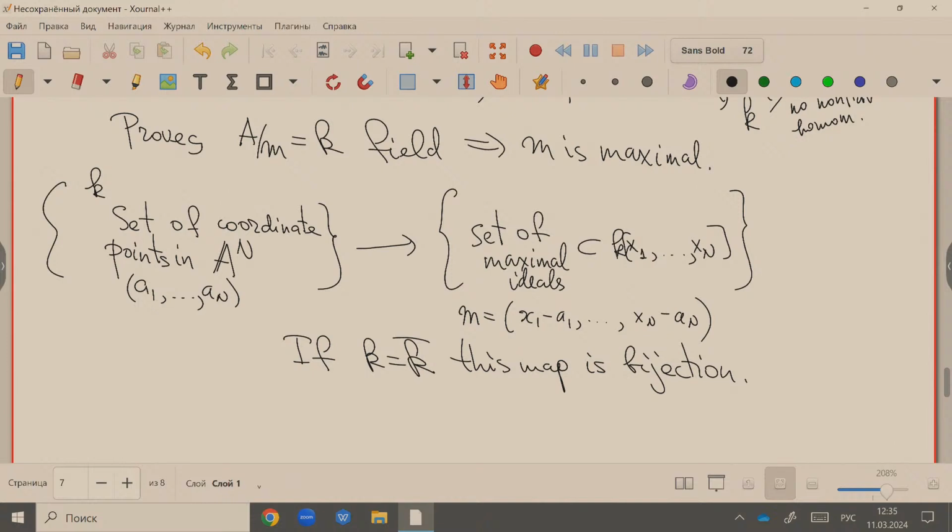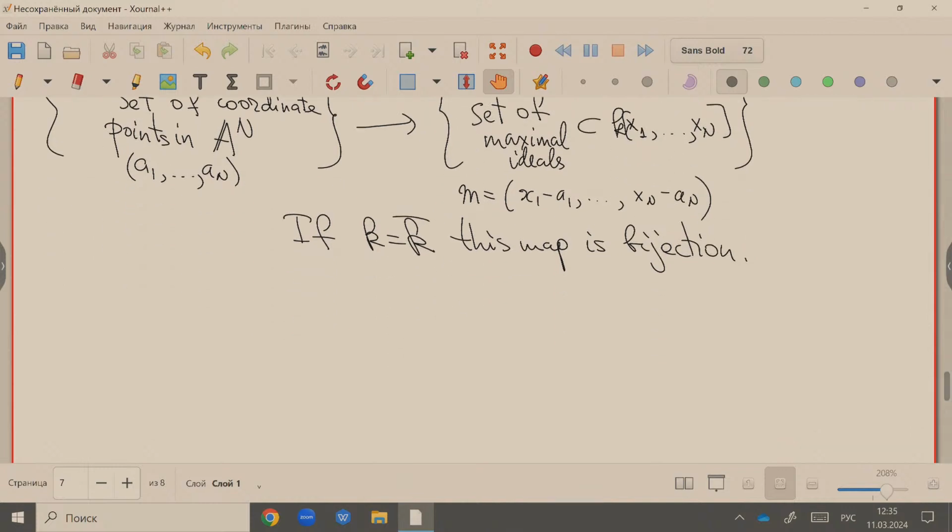Of course, we should start with a counterexample. So for k equal to R, you can do the following.